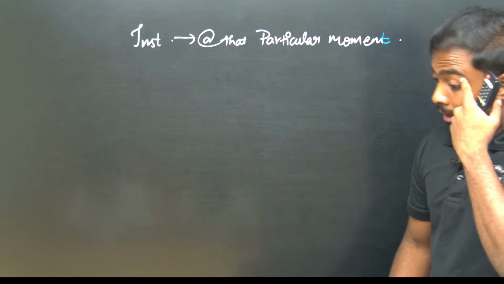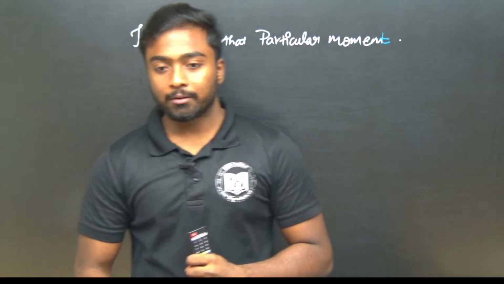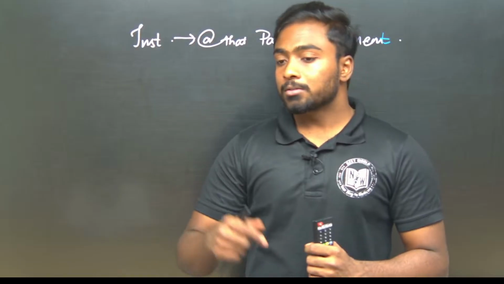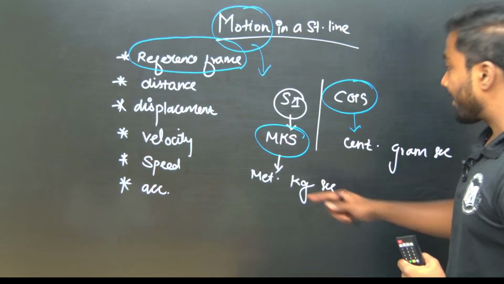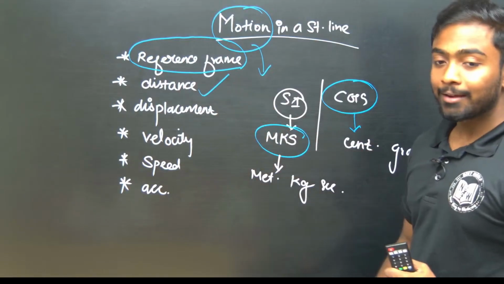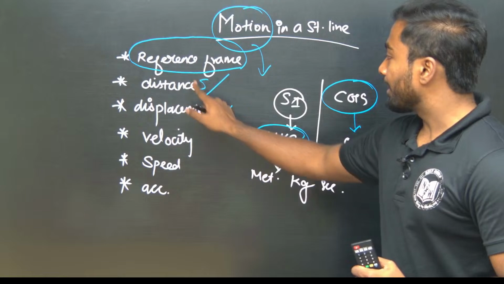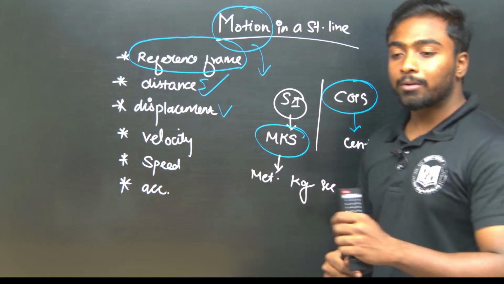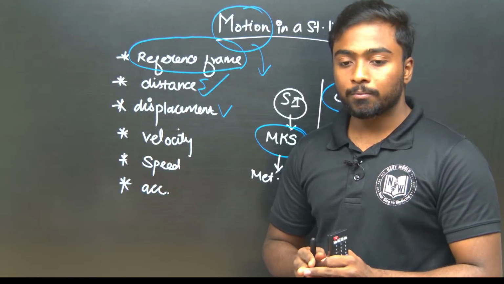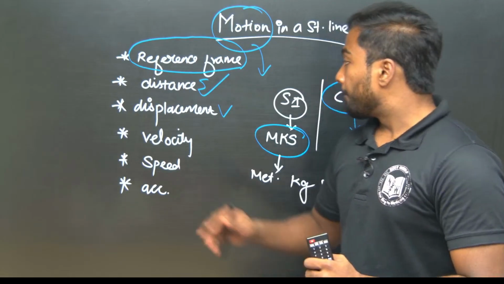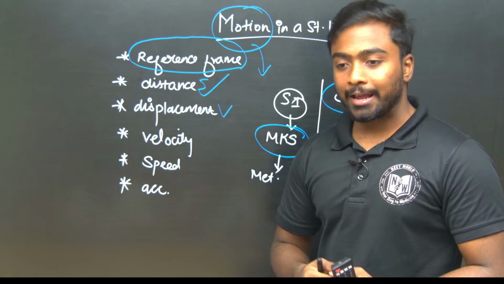Okay, and the two things are there, one is scalar and one is vector, right? Distance is scalar and displacement is vector. What is the meaning of scalar and vector? Scalar has only magnitude, no direction, but vector has both magnitude and direction.